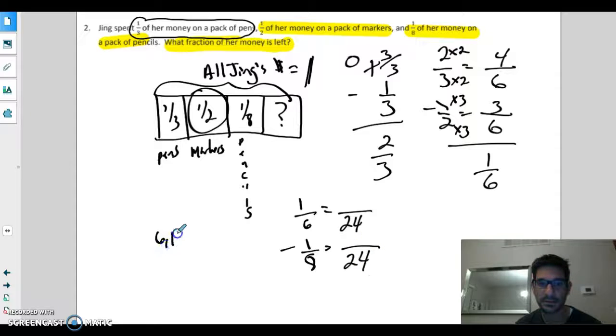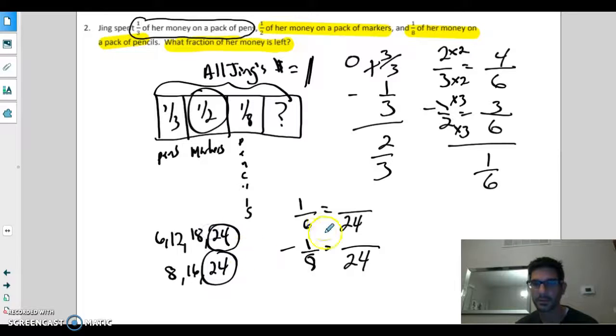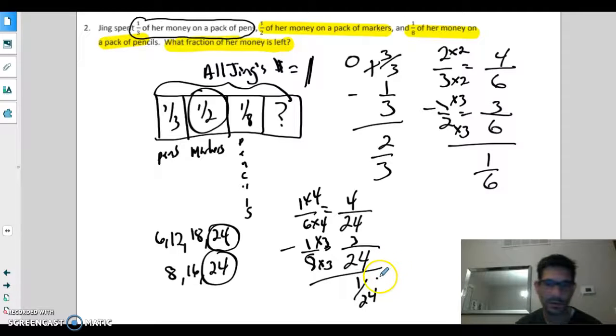Because 6, 12, 18, 24, 8, 16, 24. There's my denominator. Times it by 4, times it by 4, times it by 3, times it by 3. And you get 1/24. So you could say she has 1/24 of her money left.